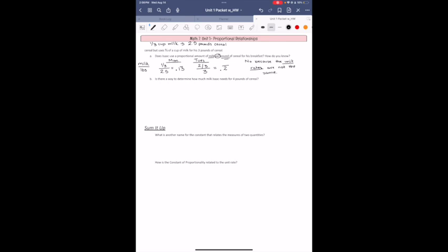Then it says, is there a way to determine how much milk Isaac would need for 4 pounds of cereal? Well, if we compare this to what we did for the deer, that had a constant of proportionality. So there was a way for us to set this up. But because there isn't a constant of proportionality and these two values are not proportional, we cannot figure out how much milk he would need. So we're going to say no, because he does not have a constant of proportionality.